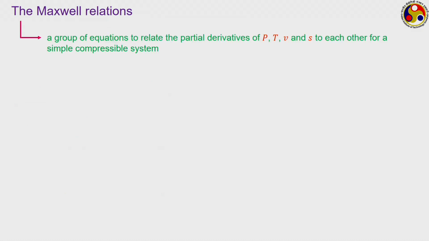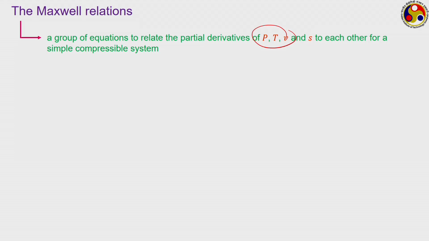Now, the one that we are looking to develop, the Maxwell's relations. Maxwell's relations are a group of equations to relate the partial derivatives of pressure, temperature, specific volume and entropy to each other for a simple compressible system. Look at the four properties we are talking about: pressure, temperature, specific volume and entropy. Out of these, the first three, pressure, temperature and specific volume, as I mentioned earlier, can be measured very easily.